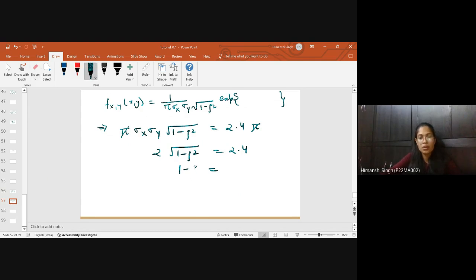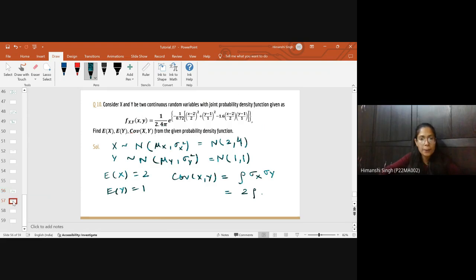So 1 minus rho square equals, here we have 2.4 times pi.